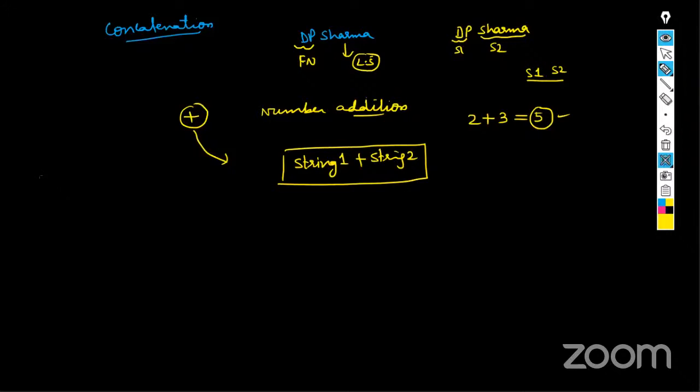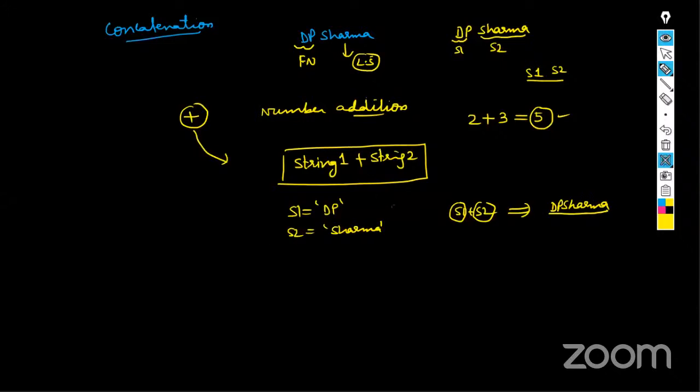So for example, if I define S1 is equal to DP, one string, and S2 is Sharma, then when I write S1 plus S2, before plus this is a string, after plus this is a string, this will result in DP Sharma without any space. It will not by default take any space, guys.